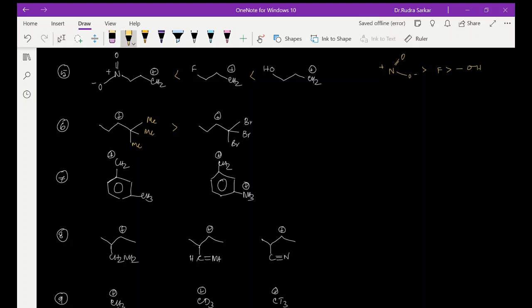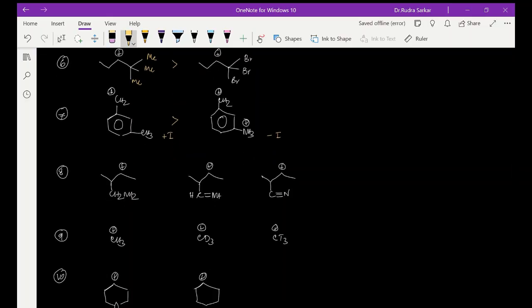In the next question, we have a minus I group over here, and this is obviously methyl, so it is plus I. This will be making it more stable. So molecule number 1 will be more stable than molecule number 2.